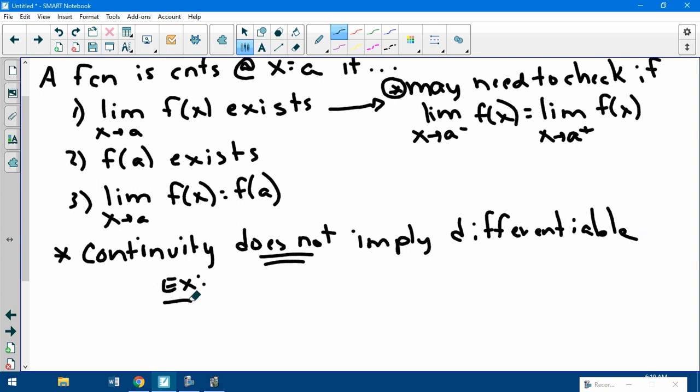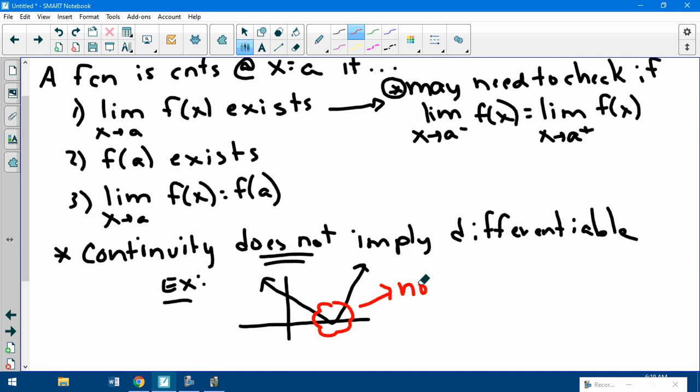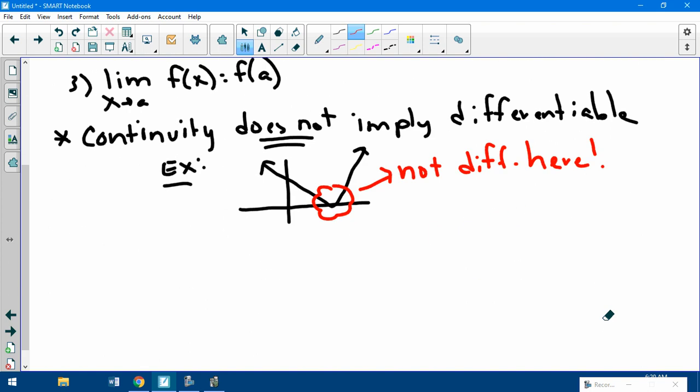Right, the absolute value function. If I have any sort of absolute value, it's definitely continuous, but what's the problem? Those corners. This is not differentiable here. You can't take the derivative at a corner. Think of the absolute value function if you're ever questioning that.